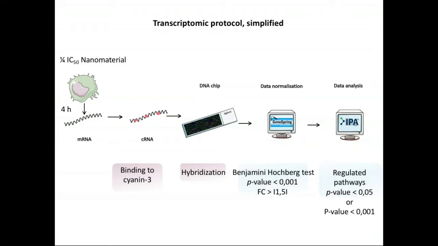Then the protocol is rather classical: labeling with cyanine 3, hybridization to DNA chips, then normalization of the data and data analysis, which were done using IPA with a fold change usually of 1.5, and a p-value depending on the number of genes we want to analyze with IPA.